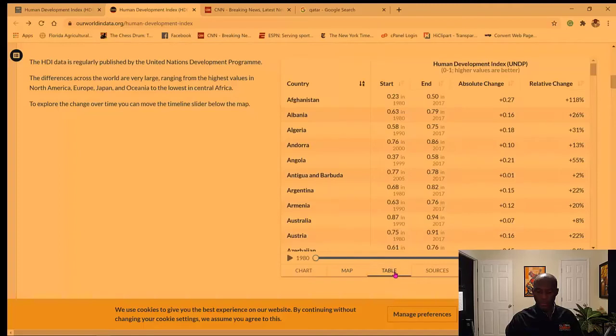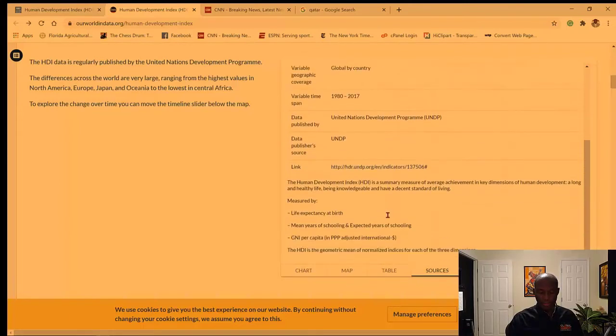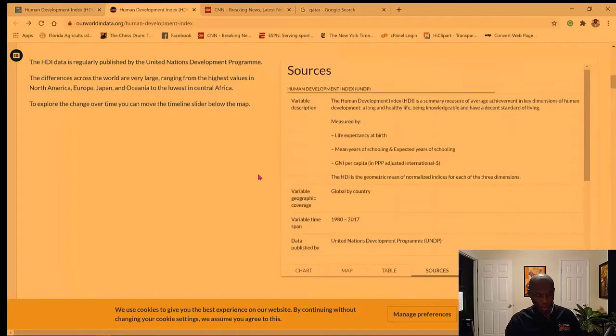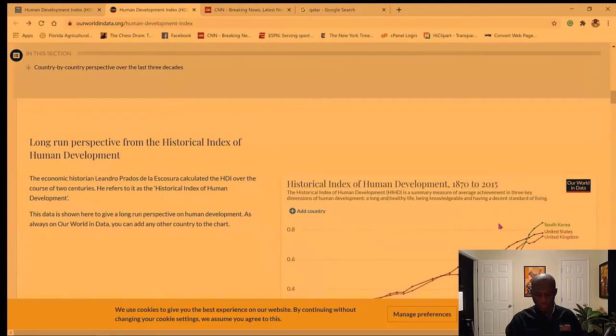They also have tables in alphabetical order. Other sources: life expectancy, years of schooling, gross national income per capita. And you also have things such as maternal mortality, infant mortality, literacy rates, all part of these metrics.